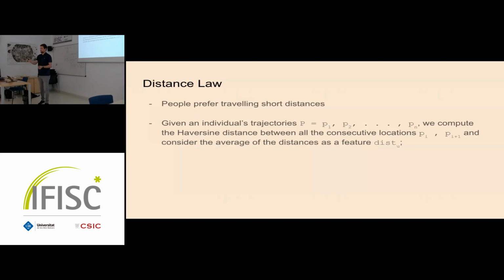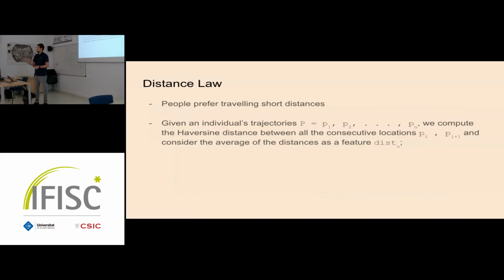If I say I go to IFISC, IFISC is number one, and I can also capture the latitude and longitude. So we can easily compute the average distance or whatsoever. In the paper we use this one, but there are many distances you can use, between all the consecutive locations, to understand the average distance a user travels.